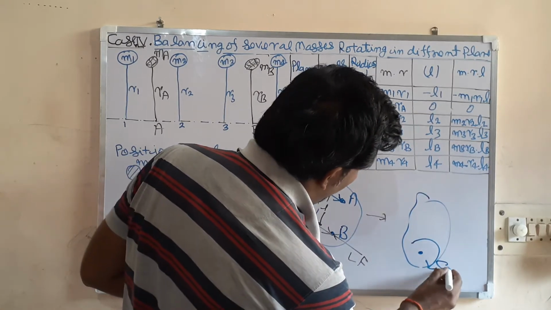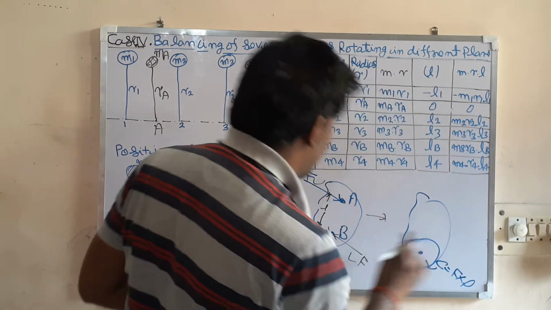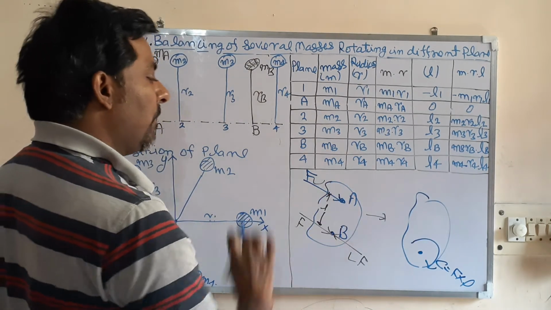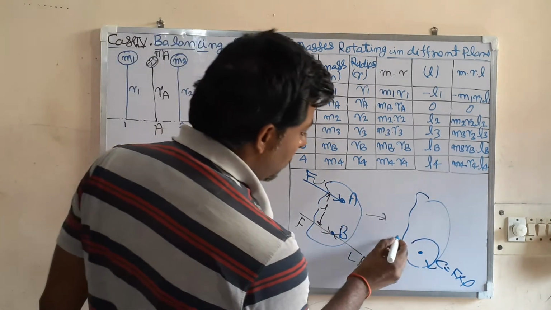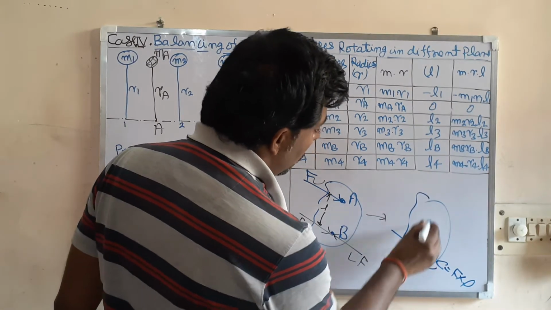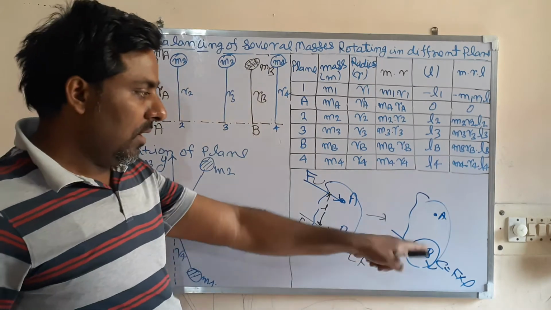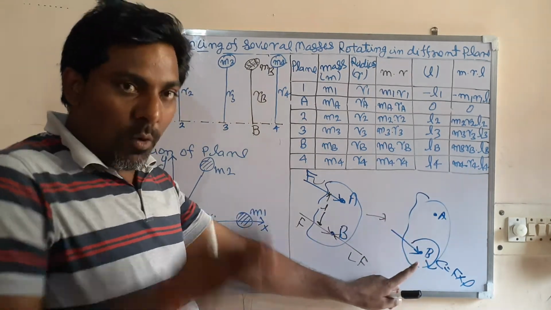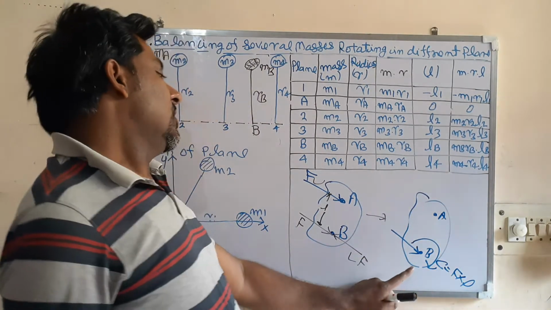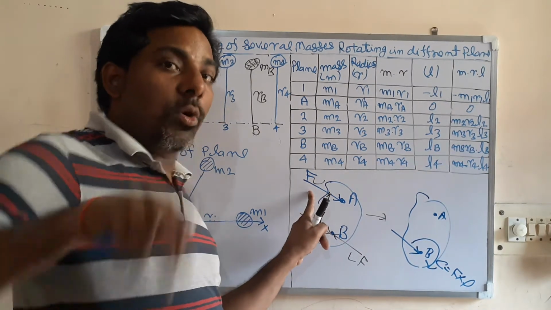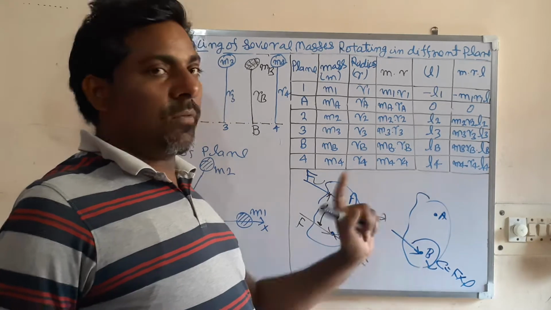This is the couple, which is equal to F into the distance between A and B, and this force is remaining. So you can see that when a force is transferred from point A to B, from one place to another place, you get a force in the same direction together with a couple.